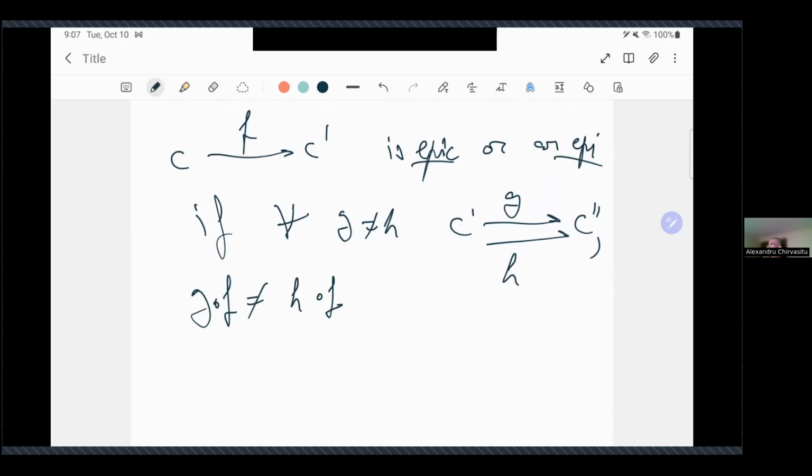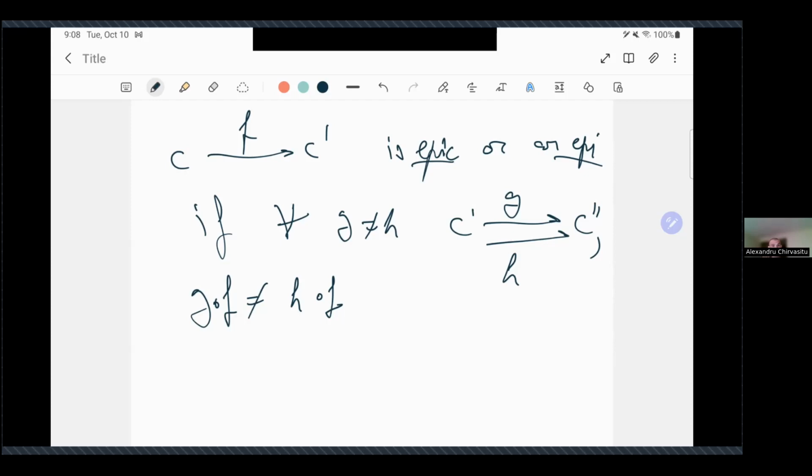So in other words, if you want to capture the intuition of what this says, it doesn't make sense as such because we don't have anything like domains or codomains in arbitrary categories. But if you want to capture the intuition, this says that if G and H disagree on their domain C prime, they already disagree on the image of F. So this is like saying that the image of F is all of C prime, even though we don't have a notion of image.